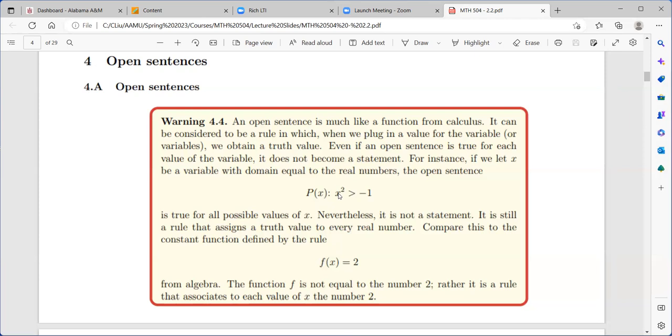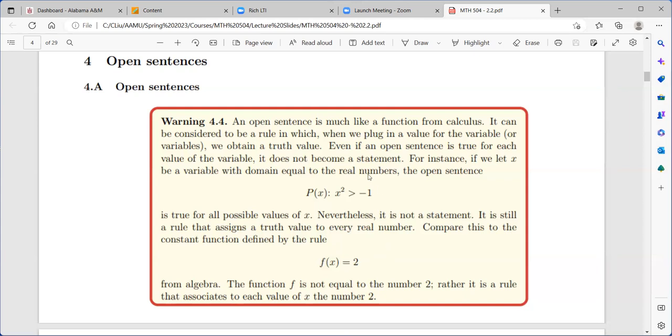To be a statement, there should be no variables. Everything has to be definite. All right. So it's just like a function: when you write f(x) equals 2, it doesn't mean that the function f is equal to the number 2. That's just a notation. It's just a rule. So same in here.